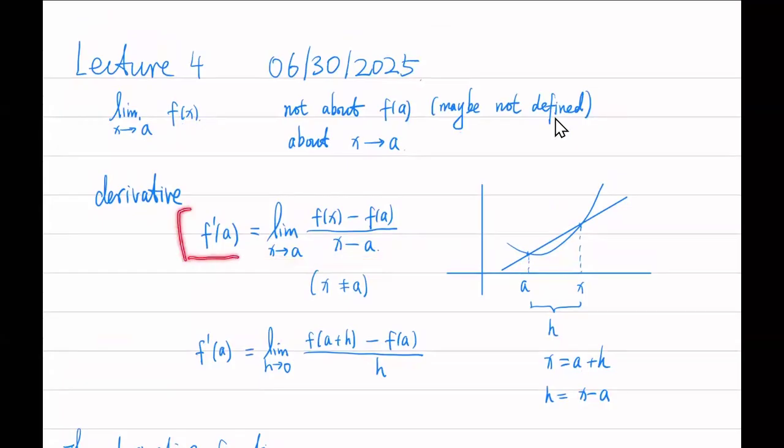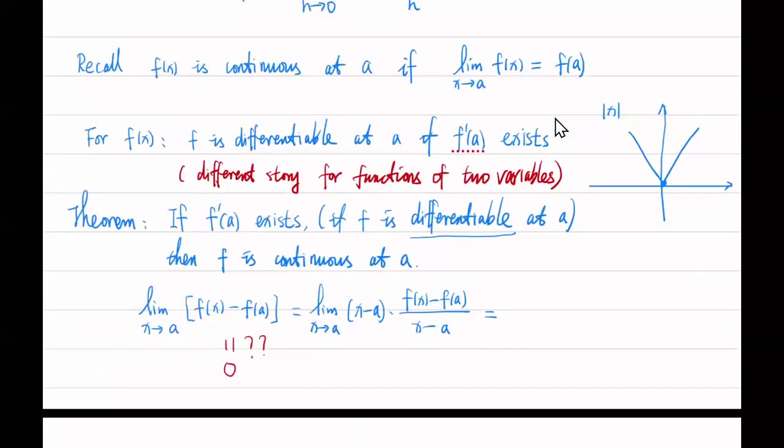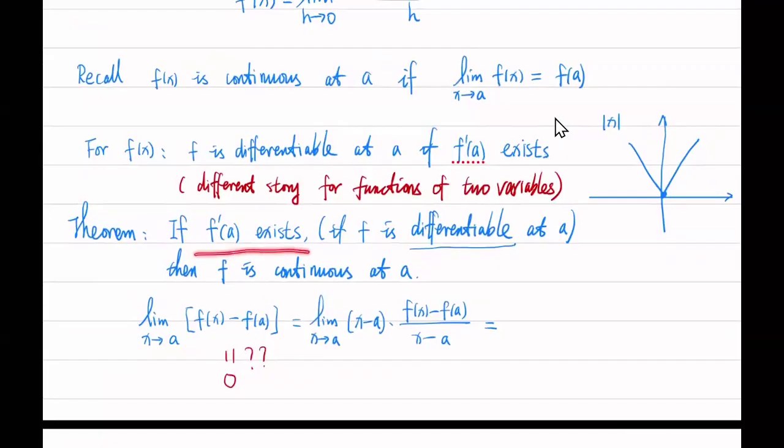So this one is about the derivative. You're saying if the derivative exists, then f is continuous at a. So I need to check if it exists. How do you check it? I'm just confused as to what you are doing with this whole limit.